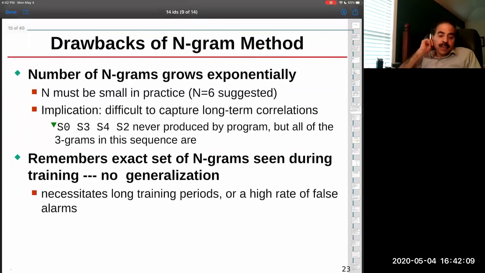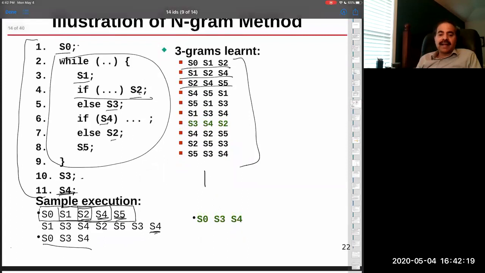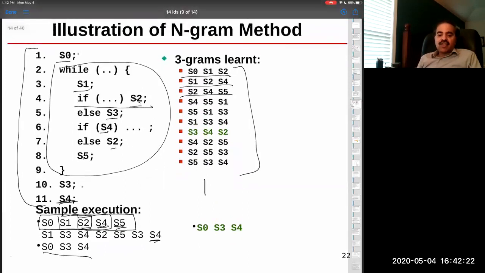Here are some of the problems with this kind of n-gram method. One problem is that the number of possible n-grams is exponential in n. If you have k system calls, then the first element in an n-gram can be one of k system calls, the second one can be one of k system calls, and so on.